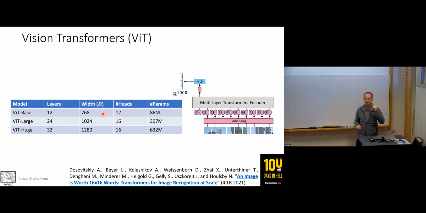Because of the skip connections, because of the way the architecture is built, we have a single dimension. It's not like in a convolutional network, where we have a lower number of channels in the shallow layers, and as we go deeper, we increase the dimension. In transformers, we work with a fixed dimension.